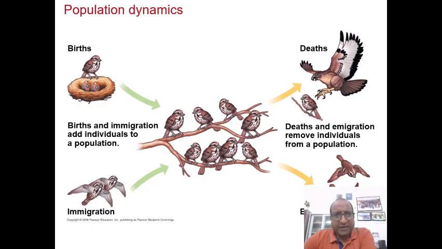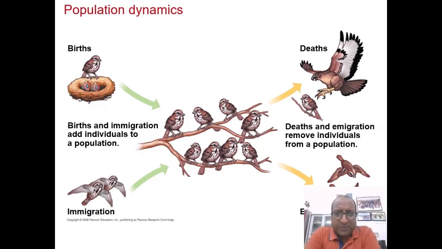So population dynamics is a phenomenon which is the result of four different processes. First one is birth, that is how many children are being born.